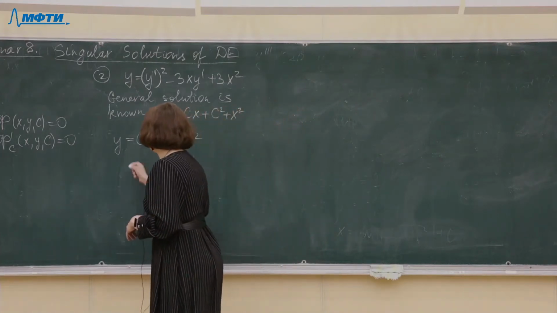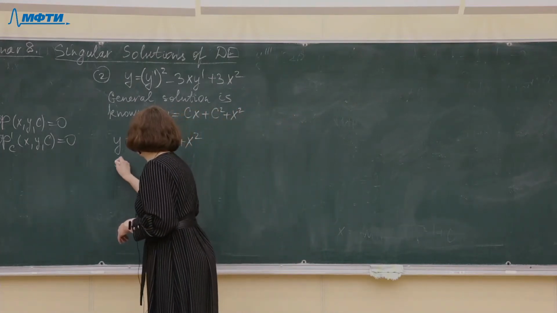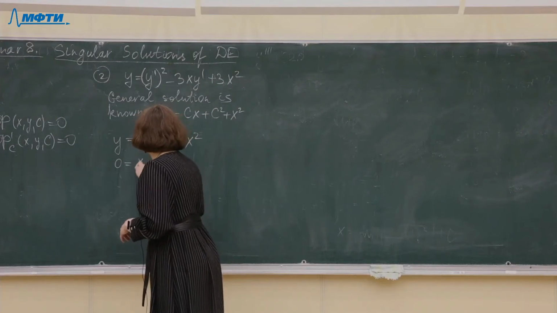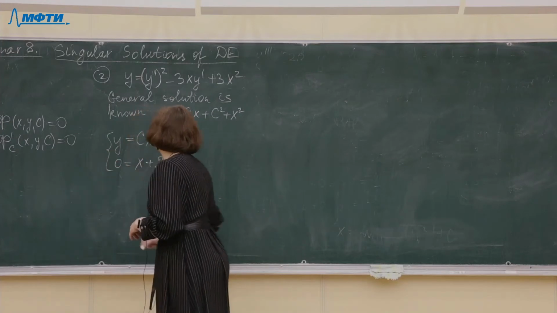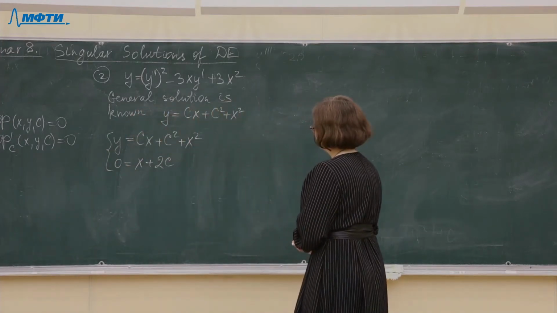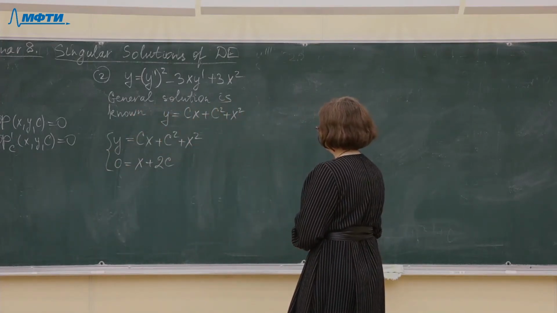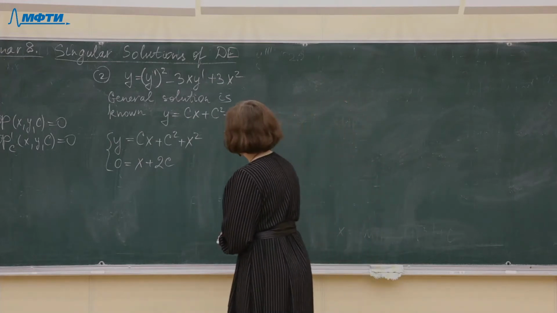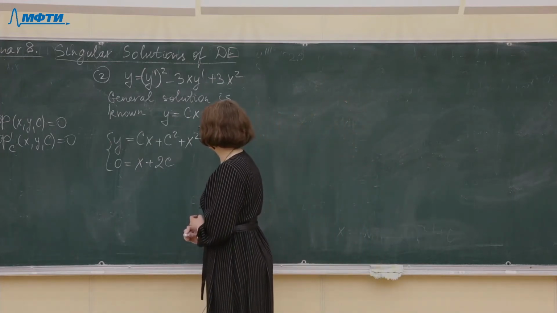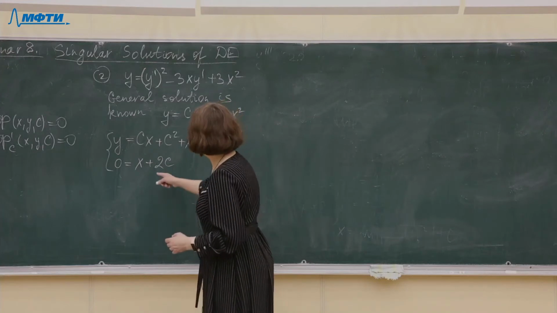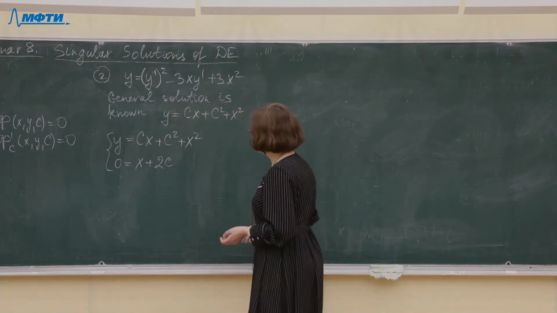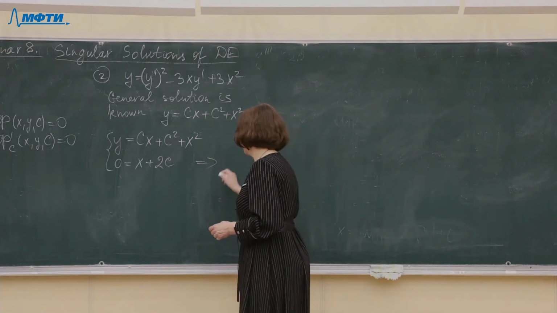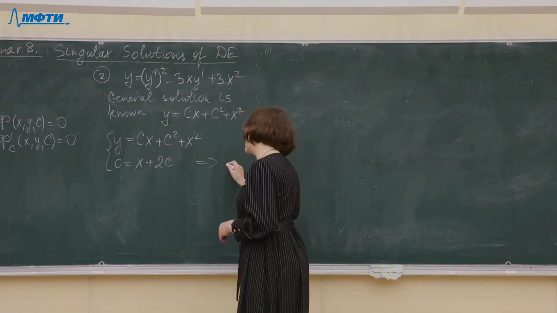And after this, we should differentiate with respect to c. So we get 0 equals x plus 2c.